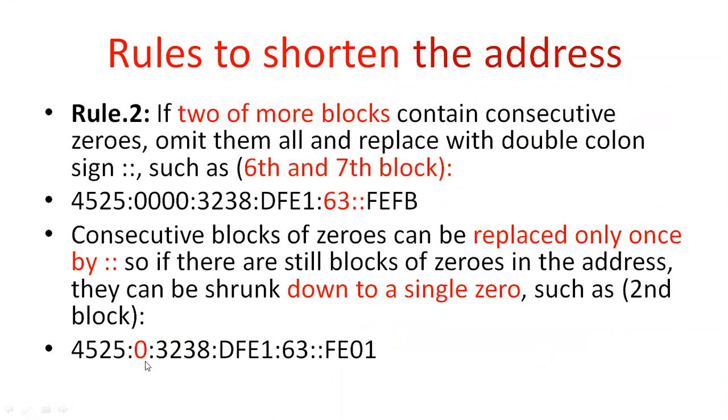The block of 4 zeros is replaced with a single zero. In this way you reduce the size of the IP version 6 address, even though it is still difficult to remember.